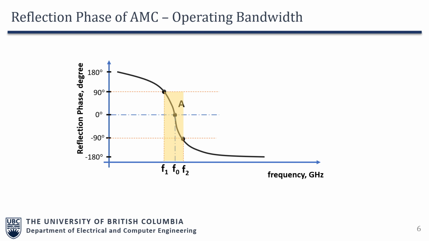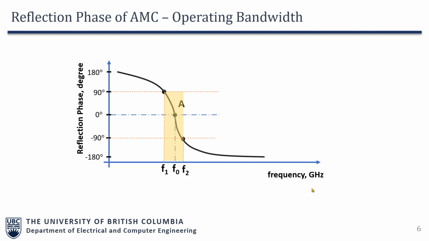Further, if you notice, at very low frequency the AMC has a reflection phase of about 180°, exactly similar to metal. So from that we can conclude that at very low frequency the AMC behaves as a metal, but at a certain frequency range it behaves as an AMC, which does not invert the phase of the reflected wave.